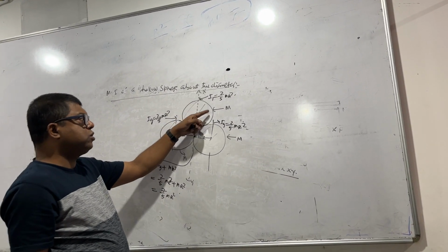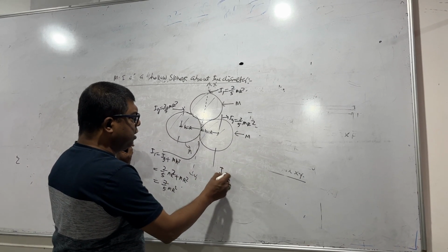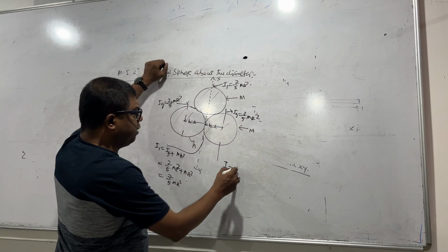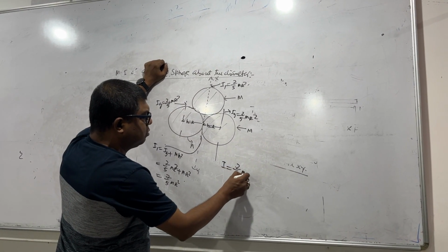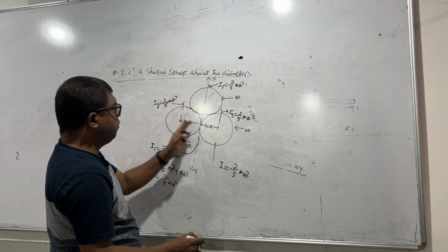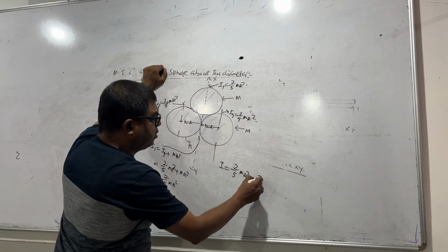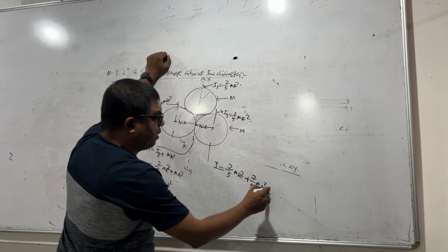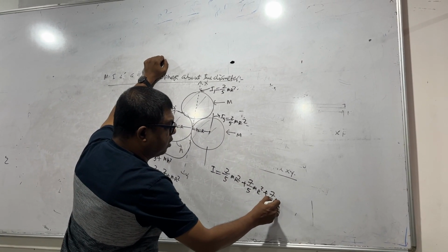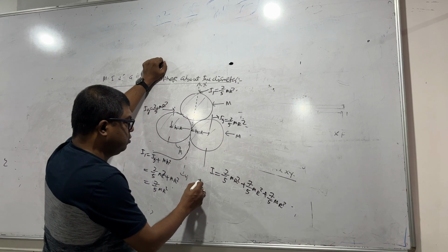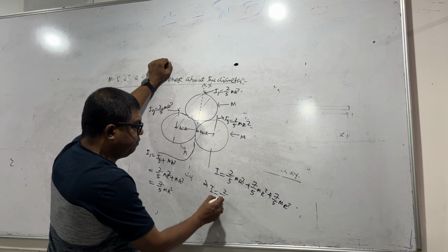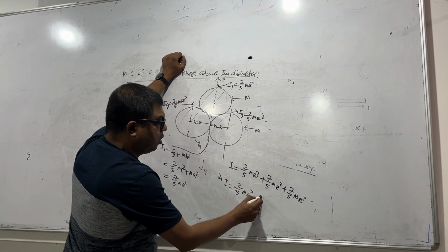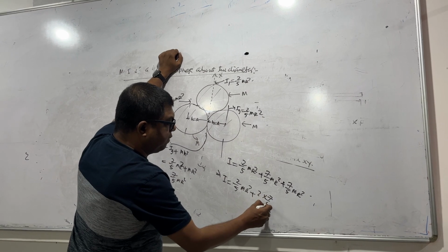So the total moment of inertia is I, which is 2 by 5 MR square for this sphere, and for this sphere 7 by 5 MR square, and for this sphere, applying the parallel axis theorem, the same 7 by 5 MR square. So I is equal to 2 by 5 MR square plus 2 into 7 by 5 MR square.